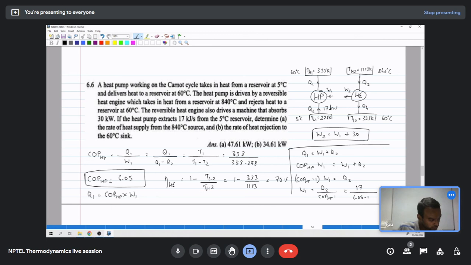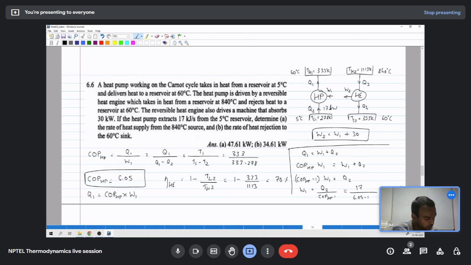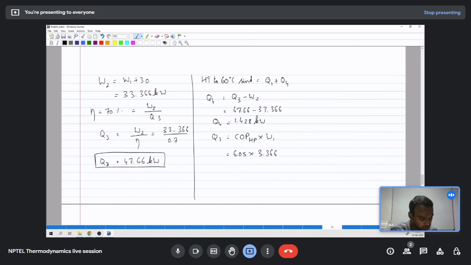So Q1 is, it's not calculated. No. Q1 is COP of the heat pump into W1, which is 6.05 into W1 calculated as 3.366. So this is 20.36 kilowatt. So Q1 plus Q4 is equal to 1.428.